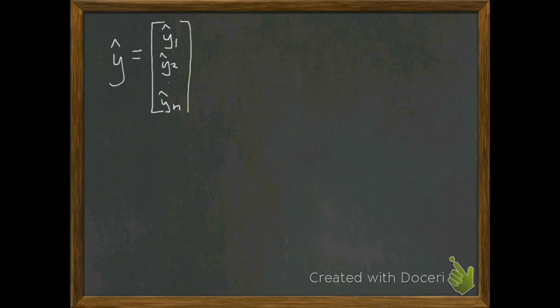It's going to be an n by 1 column vector, such that y hat is x times b.